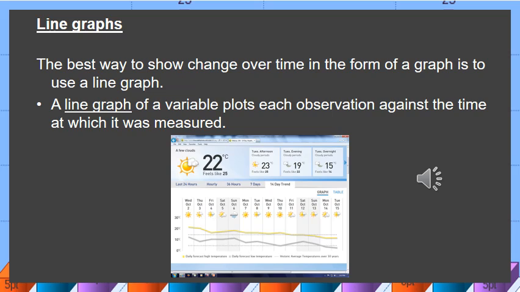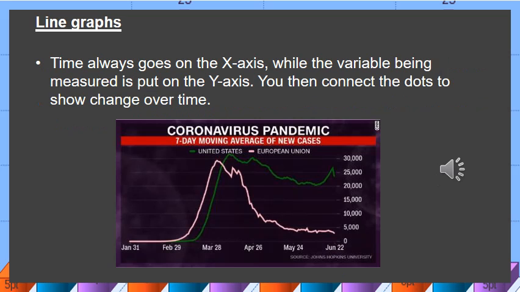So very quickly, if you look at this graph, you see that the temperature is going down in the next 14 days. The forecast is like that. I could express these variables in a table, but showing it in a graph gives a very quick and precise overview. So again, time goes on the x-axis, the horizontal axis, and the variable you measure goes on the y-axis.